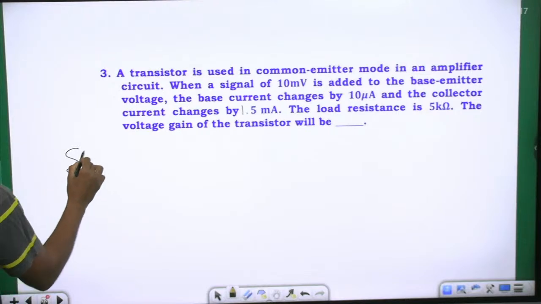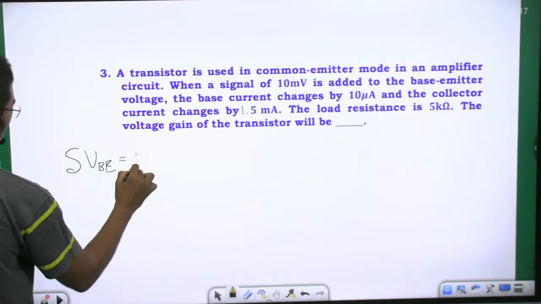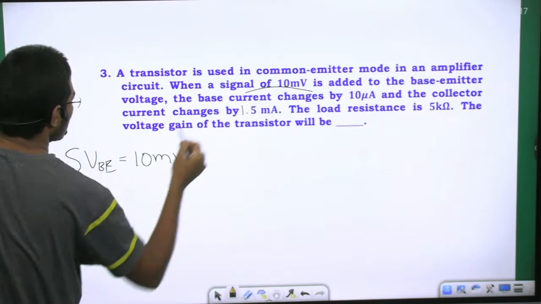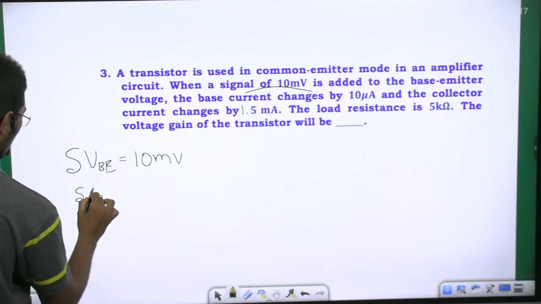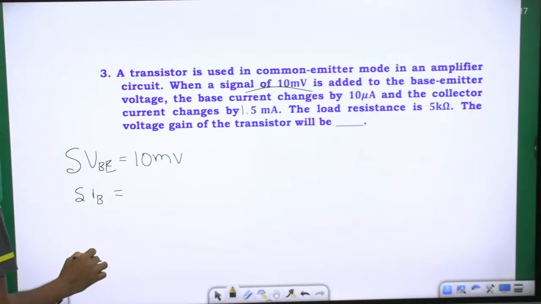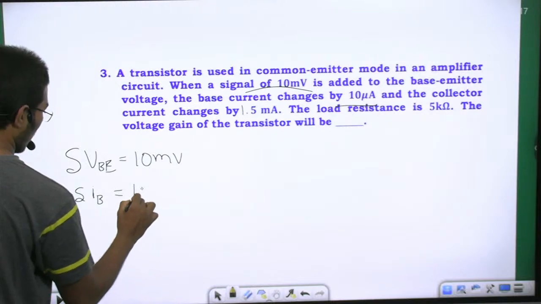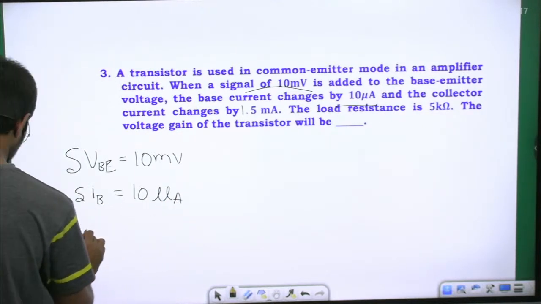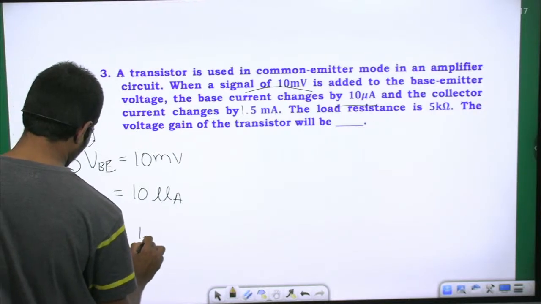See, given: VBE 10 millivolts. Next, IB 10 microamperes, right? Next, IC is 1.5 milliamps, right?